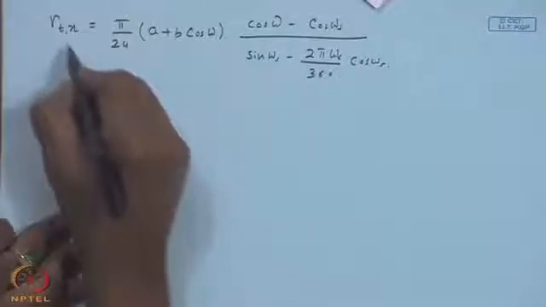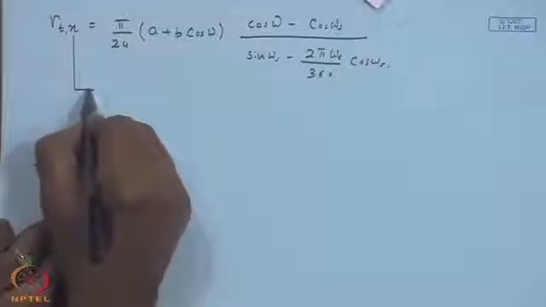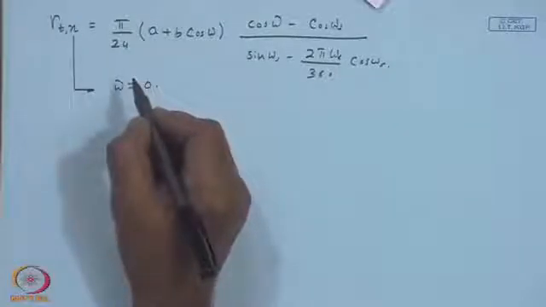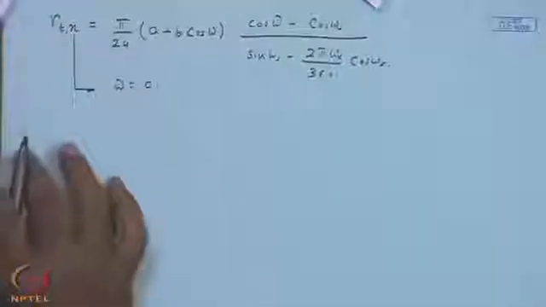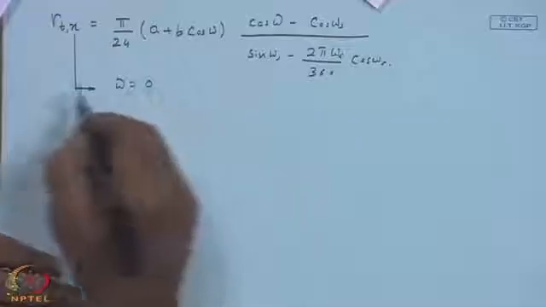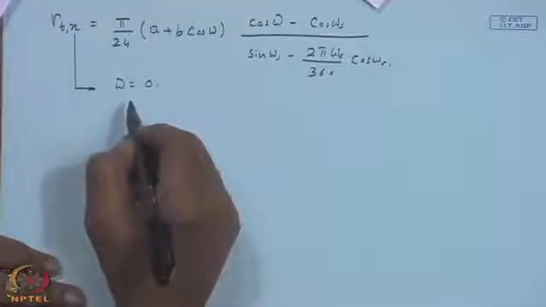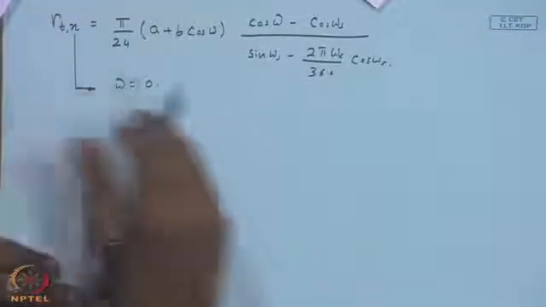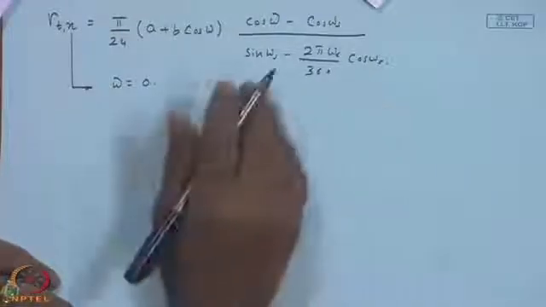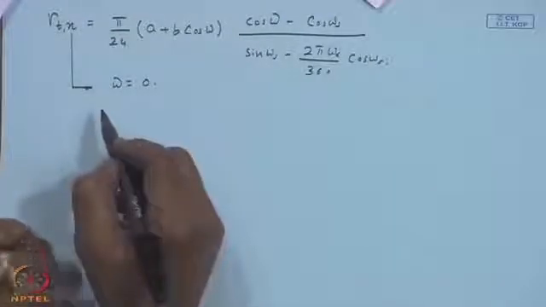This is to be calculated at noon, meaning omega is equal to 0. Typically, it may not be at times. However, we will do it at omega equal to 0, assuming solar time is the same as the local time, that is one part, and there are certain instances where omega may not be equal to 0.